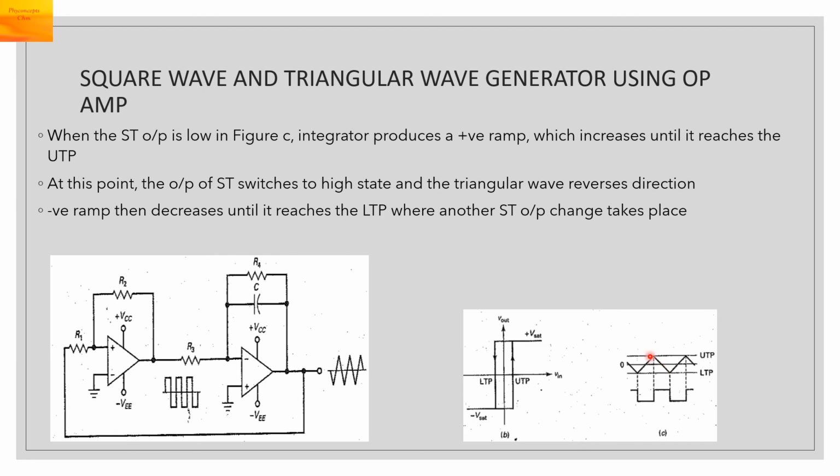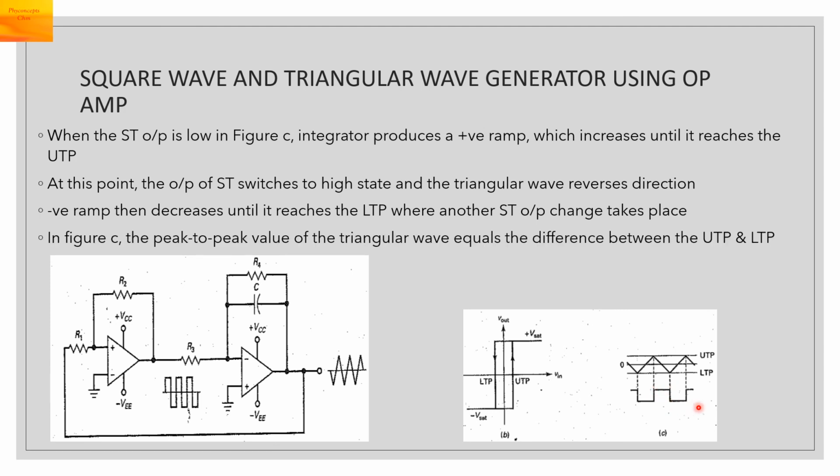The negative ramp then decreases until it reaches the LTP, where another Schmidt trigger output change takes place, that is, it goes from the high state to low state. So in figure C, the peak to peak value of the triangular wave equals the difference between the UTP and the LTP.